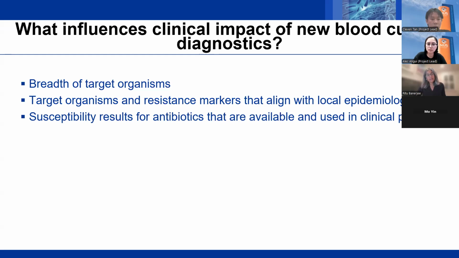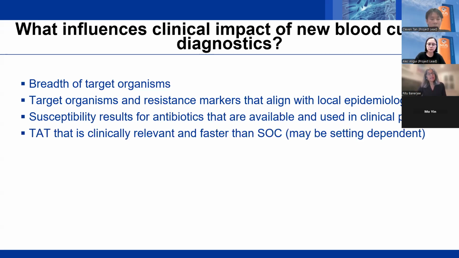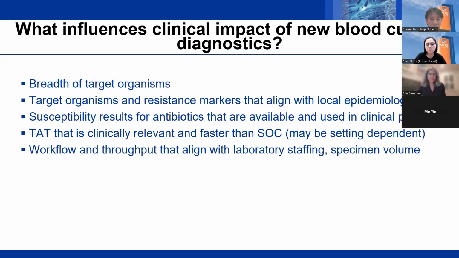Does the test contain susceptibility results for antibiotics that are available and used in clinical practice? Because if it doesn't, it will be less useful to clinicians. Is the faster turnaround time clinically relevant and sufficiently faster than a standard of care? Otherwise, it will not be considered an improvement and may not necessarily be adopted.